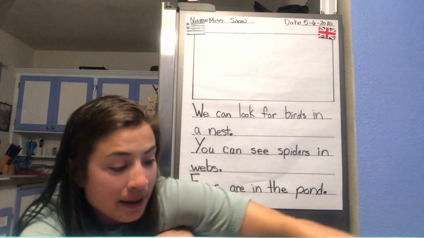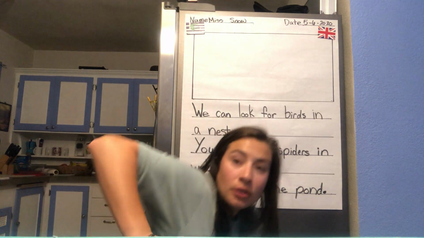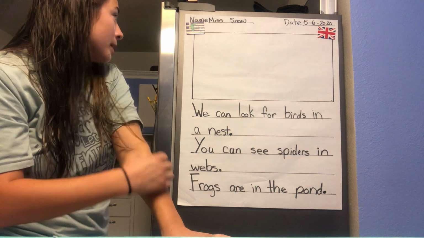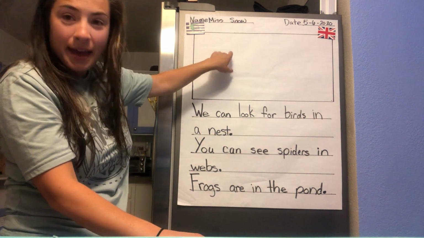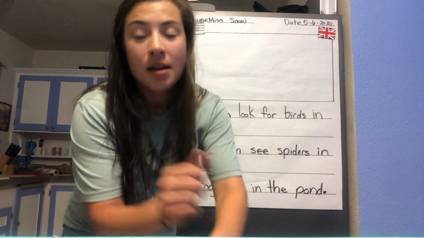We learned about that in this book. All right, so then go ahead and draw your picture. I'm gonna draw probably a tree with a bird nest and some birds and a little pond down here. I'm gonna try my best and I'll show you on tomorrow's video.